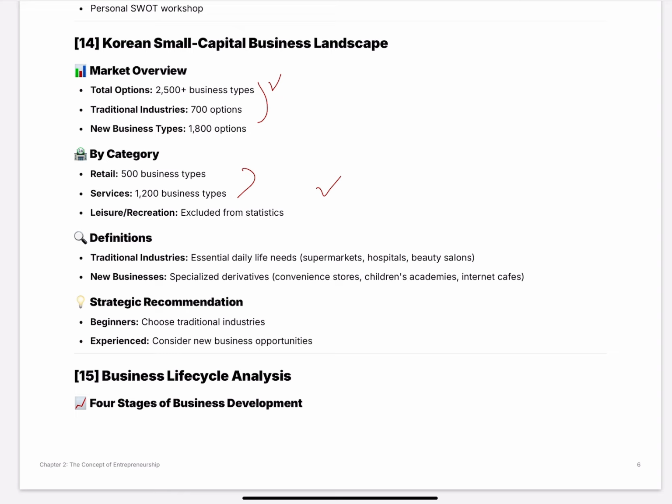Now it's important to understand the big difference between traditional industries and new businesses. Traditional industries are those that address essential daily life needs. For example, supermarkets, hospitals, beauty salons. These businesses will always have demand because they serve fundamental human needs.